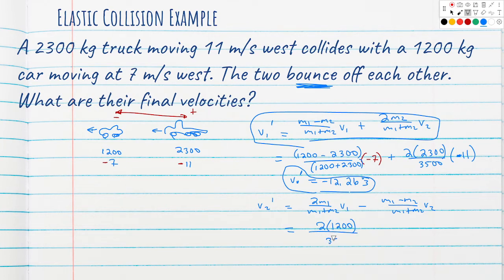But it's going to look like that times a negative 7. Here's a negative sign. In parentheses, I've got 1,200 minus 2,300, and that's times negative 11, scooting that v up, and dividing by 3,500. So that's what we want to put in there.